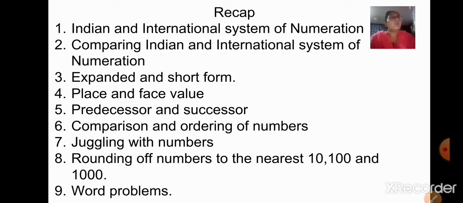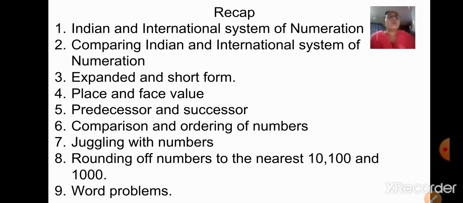And in juggling with numbers, we have learned how to form the largest and smallest number with the given digits. We also learned about rounding off numbers to the nearest 10, 100 and 1000. And based on this, we also learned how to solve some of the word problems.